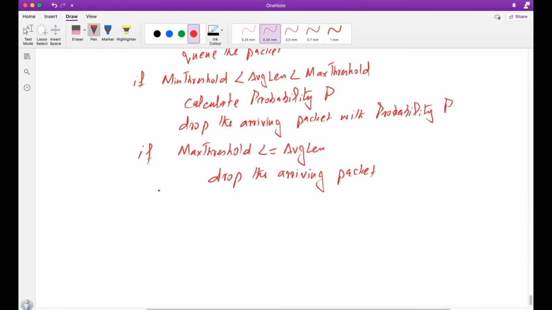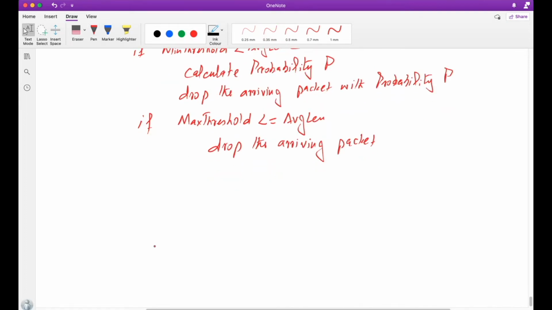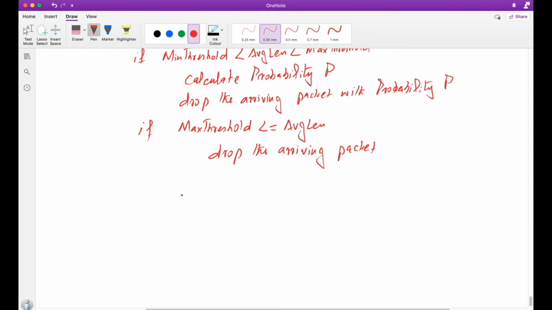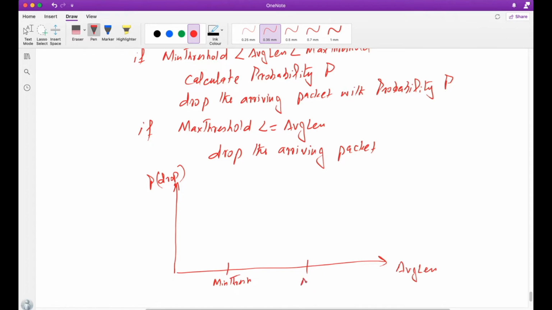So let's try to understand this drop probability with the help of this figure. Let's assume that this probability of drop is represented as a function of average length, right? And we have obviously two thresholds. We have min thresh, and then we have the maximum threshold.